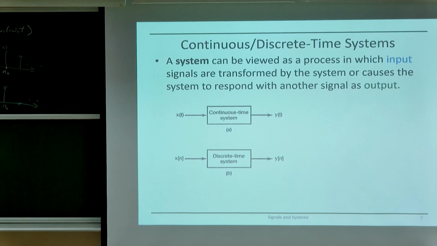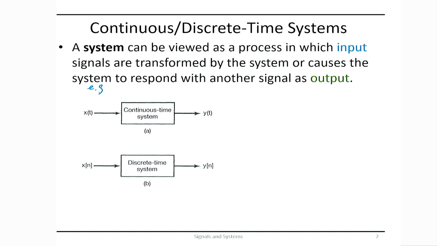As we talked about at the very beginning. But for our engineering or EE applications, these systems could be, for example, communication systems, where you input a sequence of information that you would like to transmit.